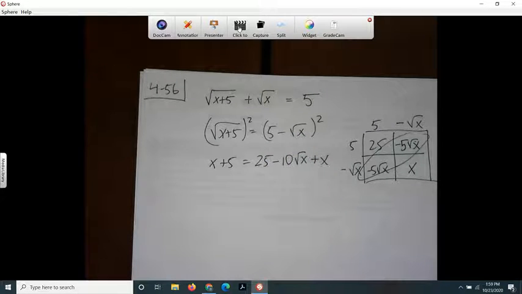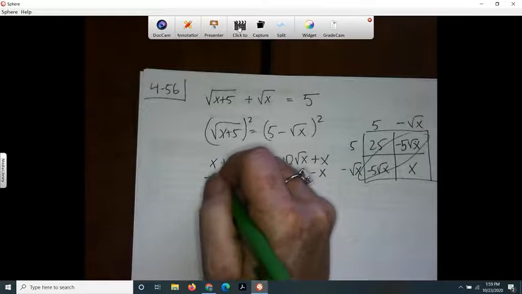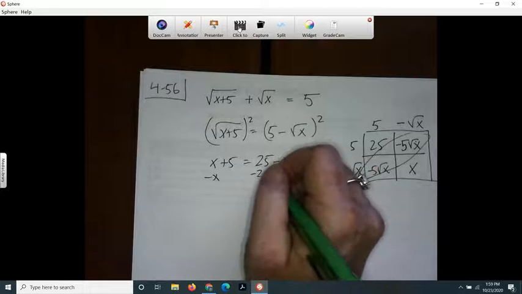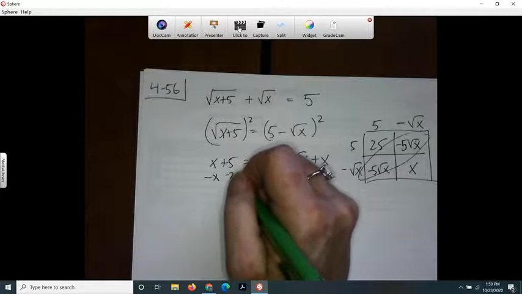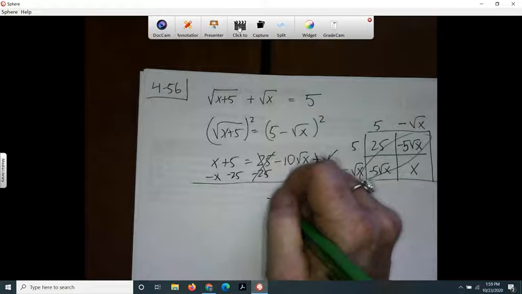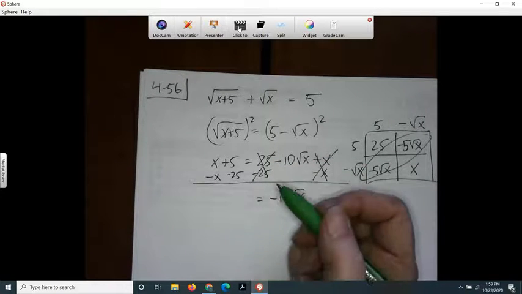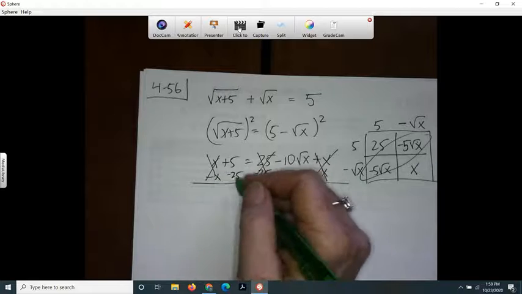Now we're going to isolate the radical. I guess this will give you negative 20.